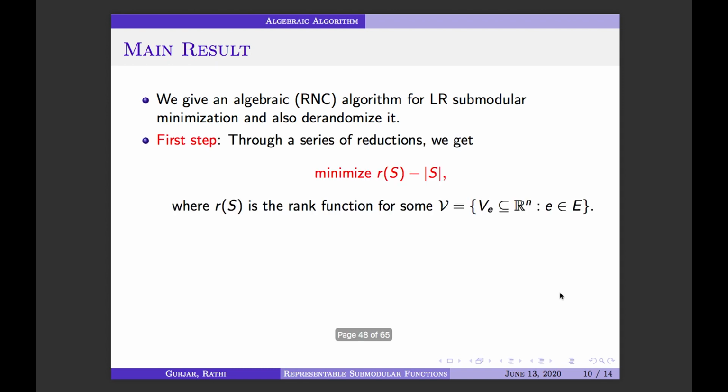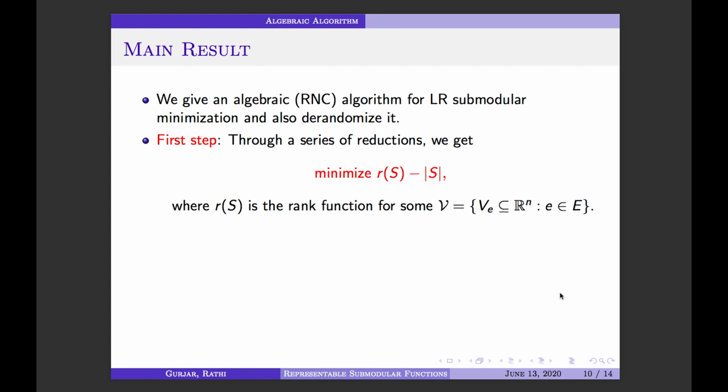First, through a series of reductions, we convert our minimization question to minimizing a simple submodular function, which is R of S minus cardinality of S. Here R is the rank function for some set of subspaces.